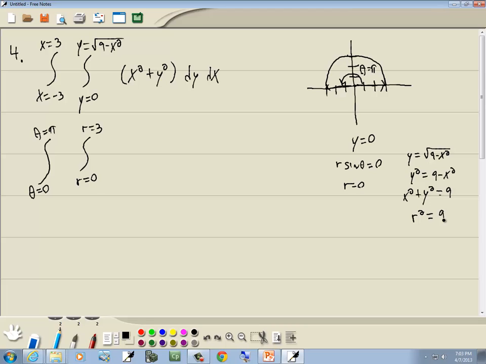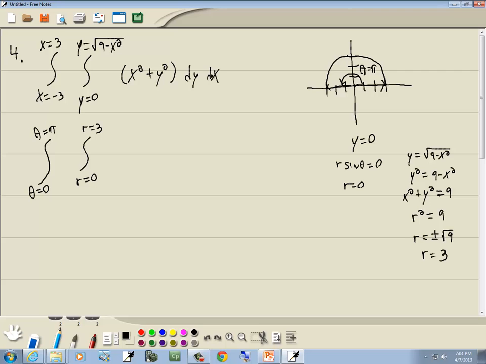So we got r squared is equal to 9. And then r is going to equal plus or minus square root of 9, or r is equal to 3. Now I don't worry about the minus, because if I go from 0 to pi, it'll encompass this entire area right here, in terms of our region of integration.